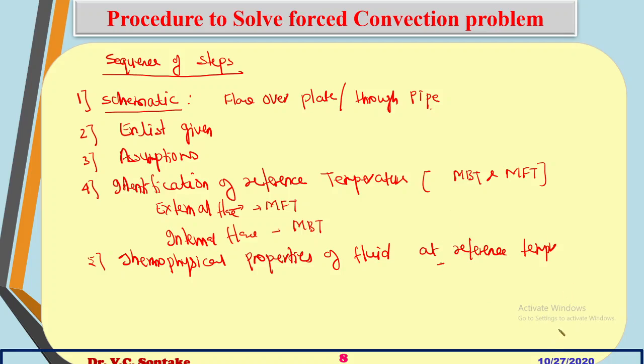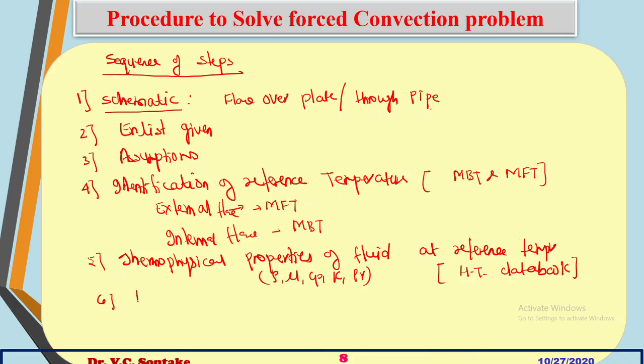Now from where can you find these thermophysical properties? From the HT data book. We are going to extensively use the heat transfer data book hereinafter. What are these thermophysical properties? Like rho, mu, Cp, K and Prandtl number.